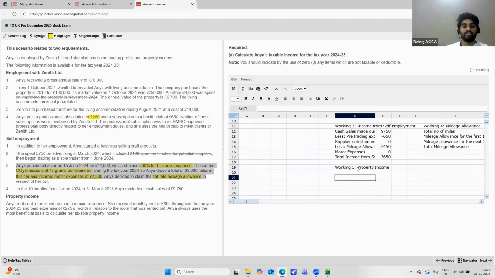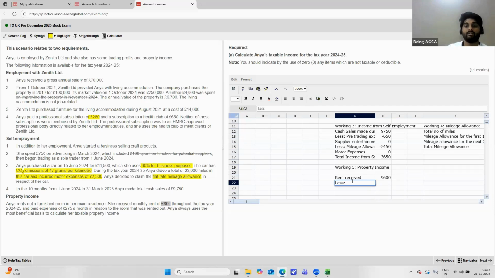You take first your rent received. For the entire year she has received a rent of 800 pounds. So that is 800 into 12, giving you a rent received of 9,600.